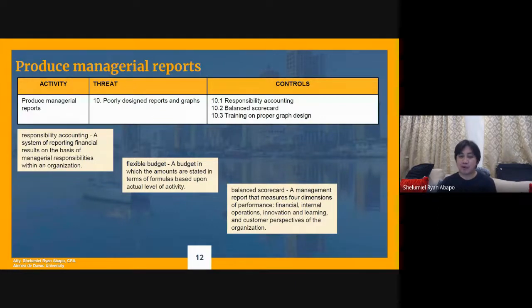The managerial reports, on the other hand, are strictly for internal use only, and therefore can include comparisons between the actual performance and the budgeted performance. The usefulness of these managerial reports, whether presented in the form of tables or graphs, is affected by how well they are designed. Okay?